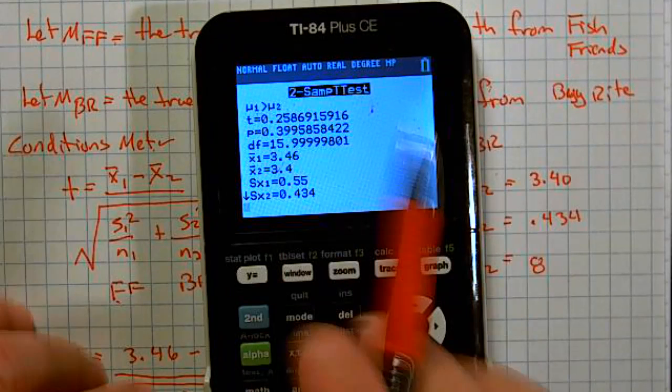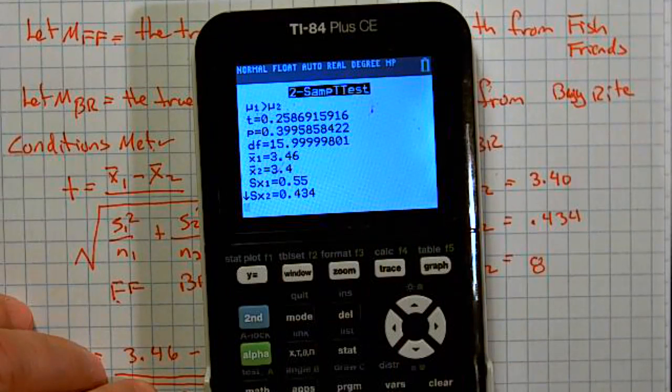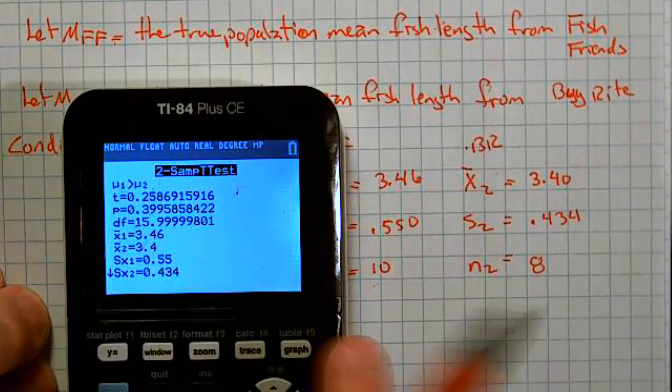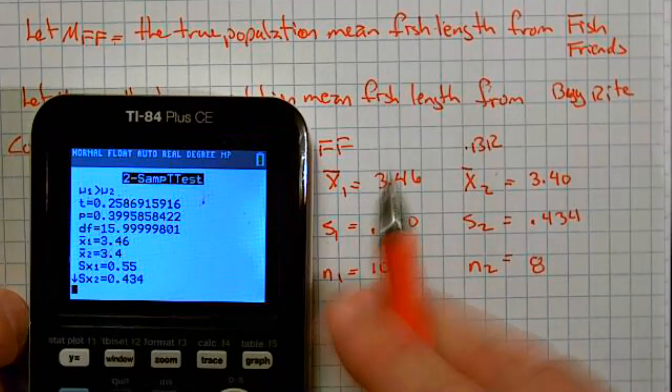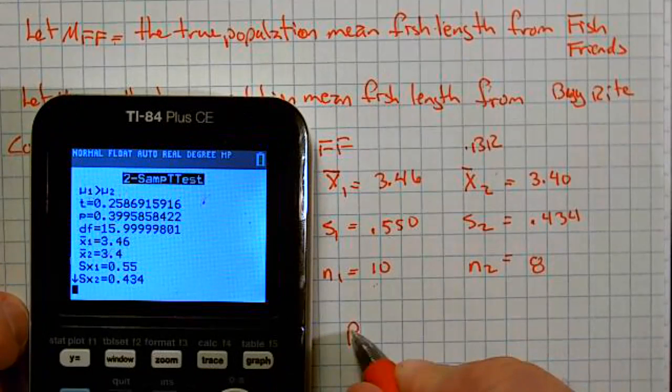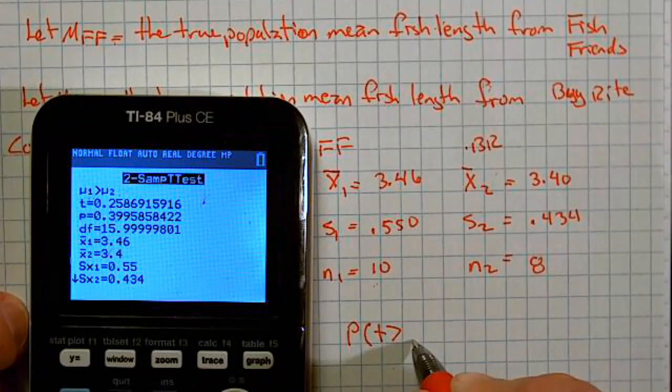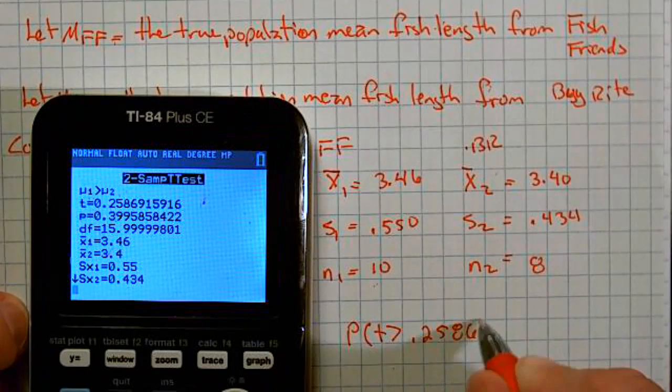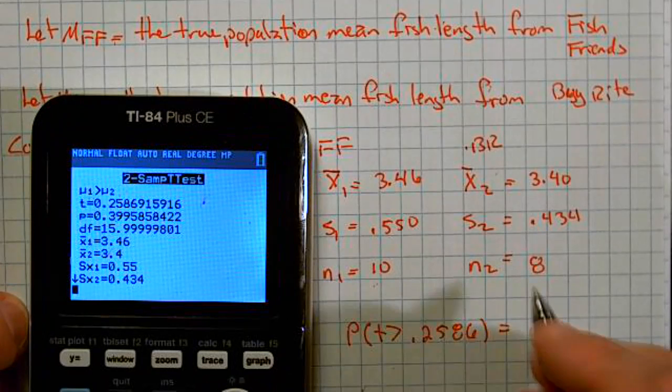And I end up getting a t equaling 0.2586. And so we're going to say the probability that t is greater than 0.2586 gives us this p-value equals 0.3995.